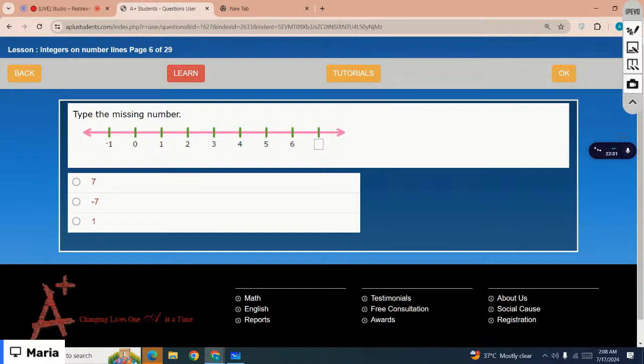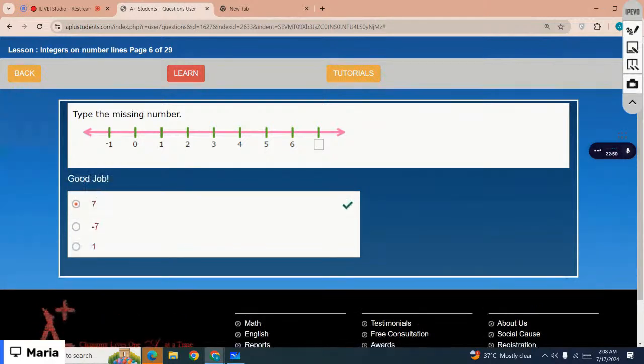So which number is missing? The correct option is, yes, positive 7 it is.